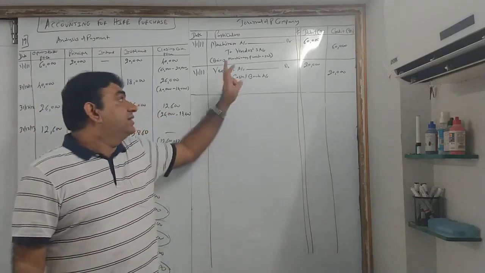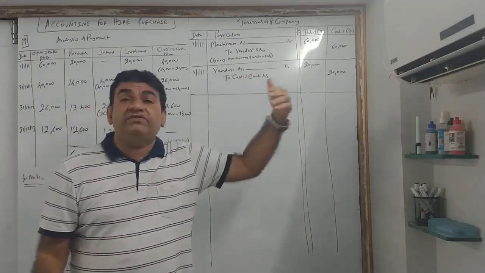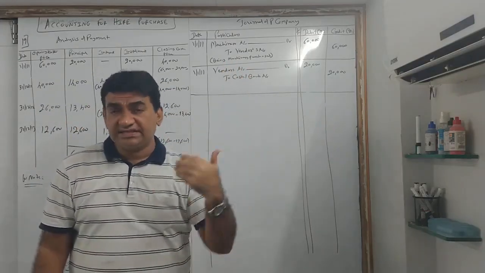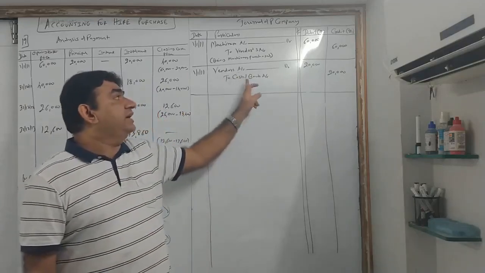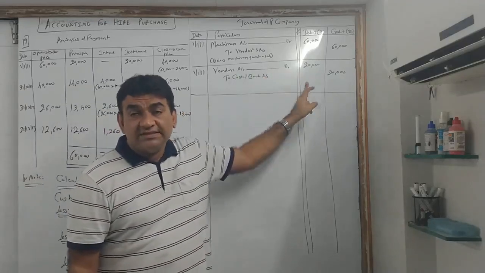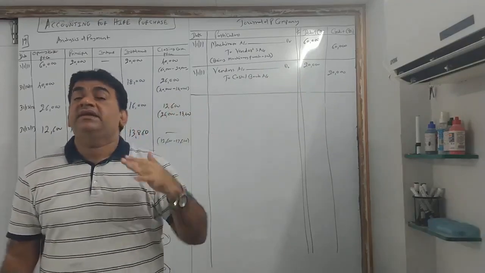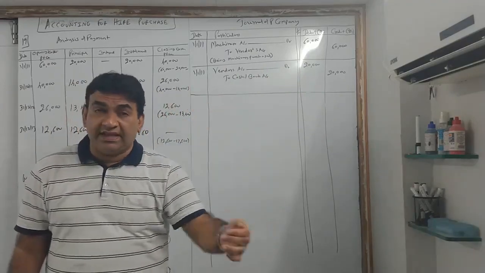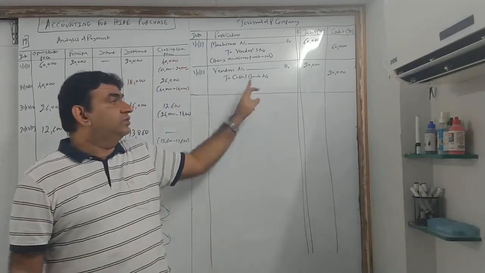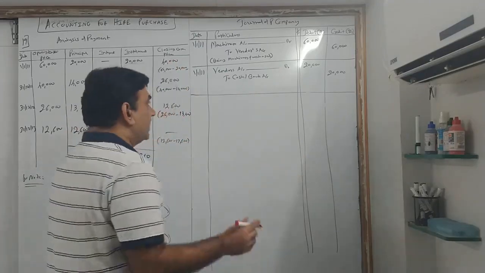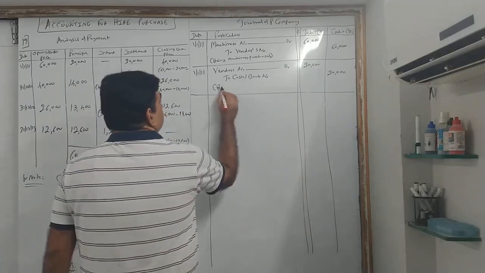Again I am repeating: I am making the payment to the vendor, he is the receiver, so I debit vendor's account, and payment done, so to cash bank.